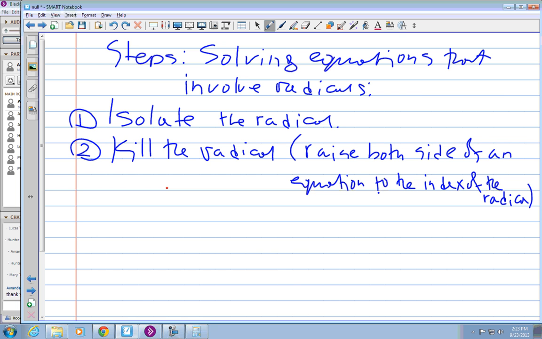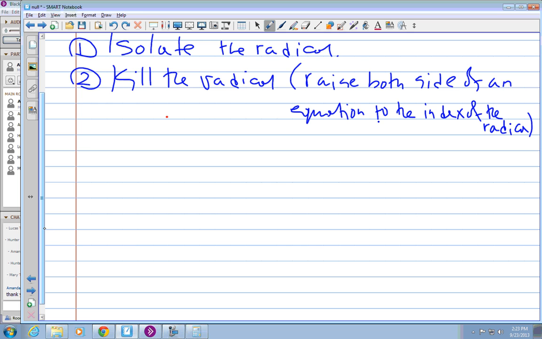Now, after you did that, there might still be another radical left. So check for more radicals, because you might have started with 2 square roots. You cannot kill both at the same time. You kill one at a time. So check for more radicals.